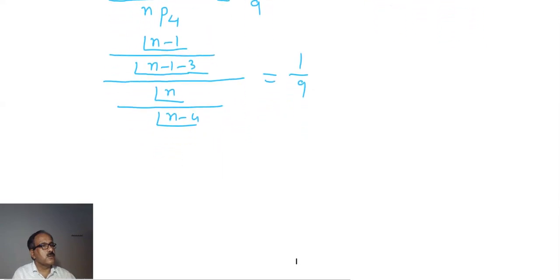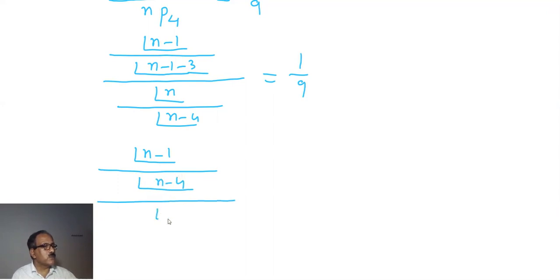Now see, this term may be written as n minus 1 upon n minus 4 in denominator, no change, factorial n upon factorial n minus 4, here 1 upon 9.